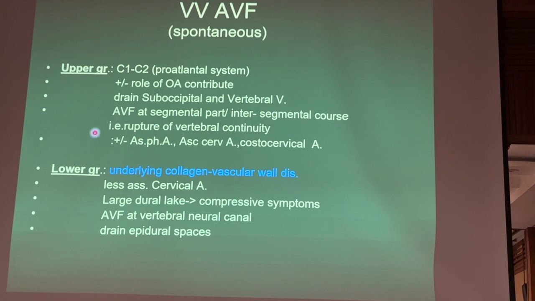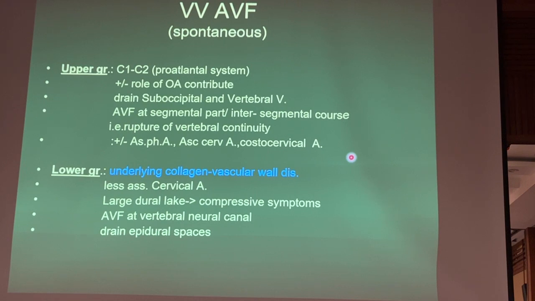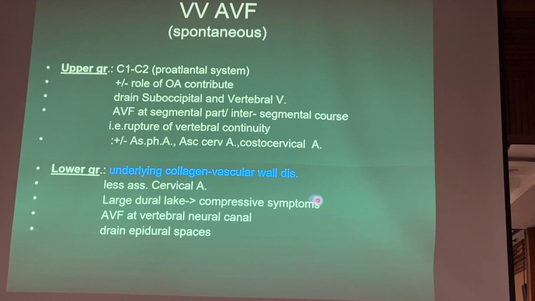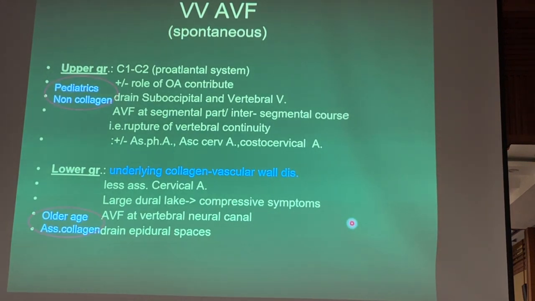We may have to check also this type of vessels, but for sure in the lower group, we have more of this type of large dural lake, and for sure all these cervical arteries need to be checked, and most of the lower group are related to collagen vascular disease. So the upper group are mostly pediatric and non-collagen vascular disease, and the lower group are older age with collagen vascular disease.